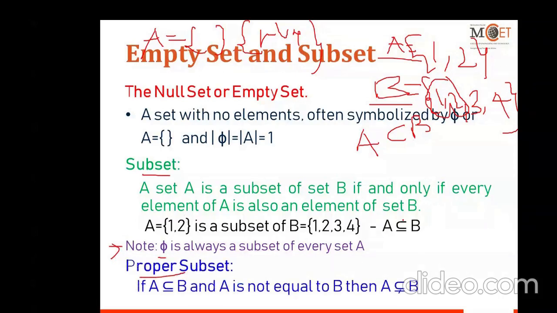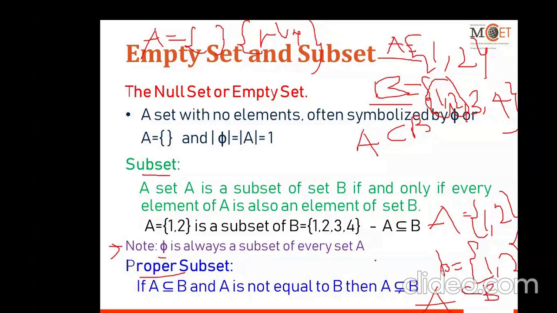Now consider the second one, that is A equal to 1 and 2, and B has the same two values 1 and 2, right? Now if we consider subset, 1 and 2 are there in both A and B. Therefore, we can conclude A is a subset of B and B is a subset of A, right?